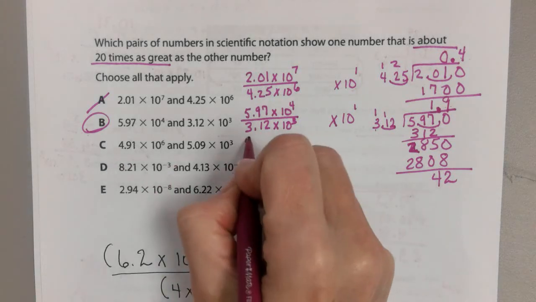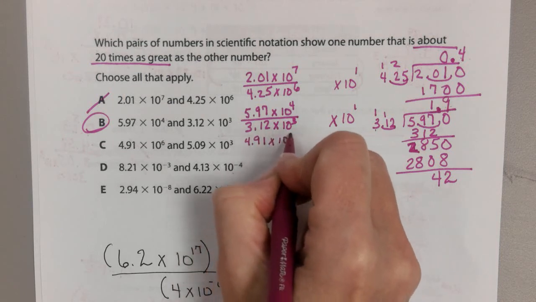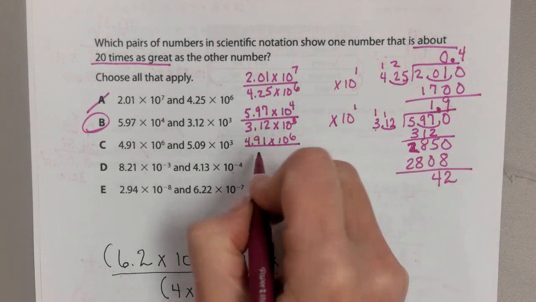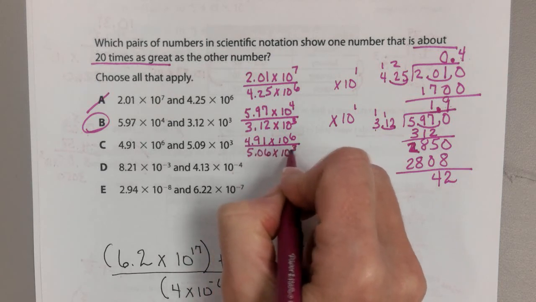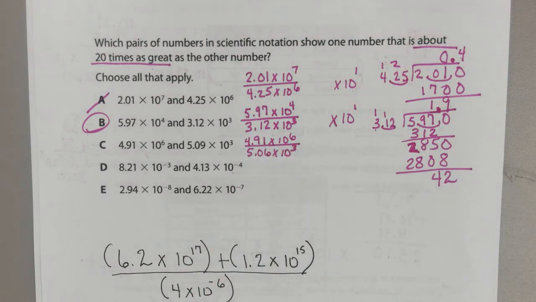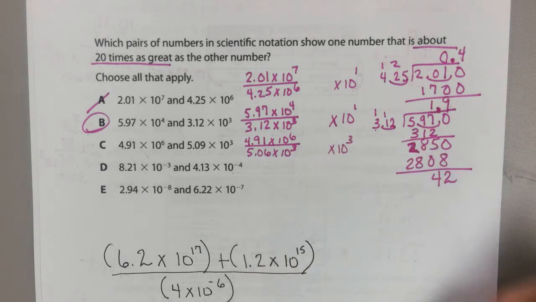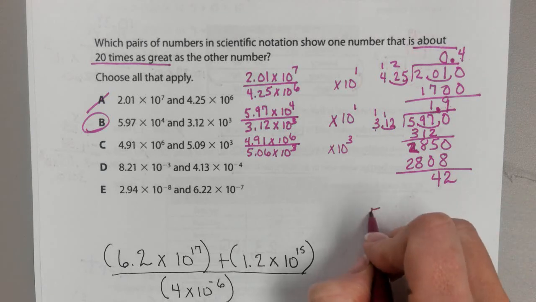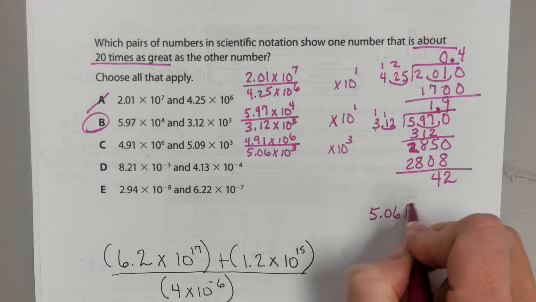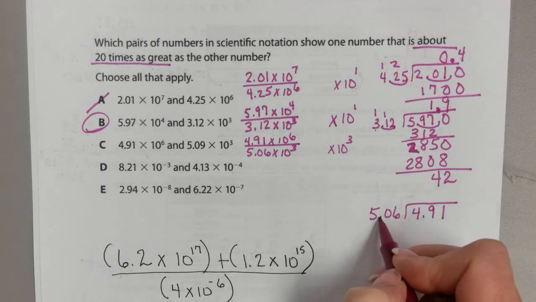The 4.91 is larger. What's my exponent going to be when we finish this? Times 10 to the 3rd. All right, so I'm dividing out 5.06 into 4.91.